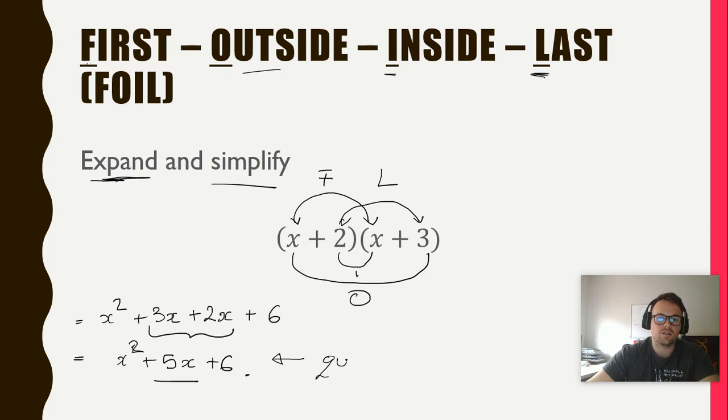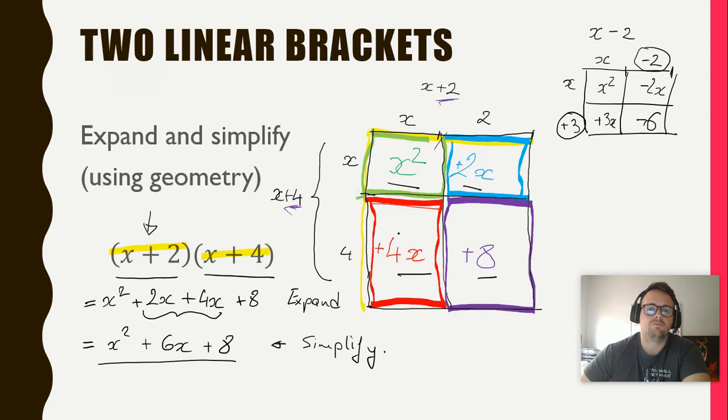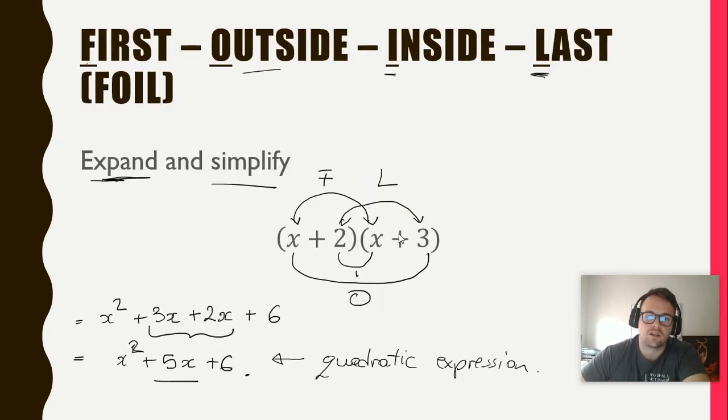This is a quadratic expression. Sometimes we don't like this form where the terms are just added, and we prefer everything written as a product. But for the time being, all you need to know is either this approach using geometry, or the FOIL approach that I've showed you.